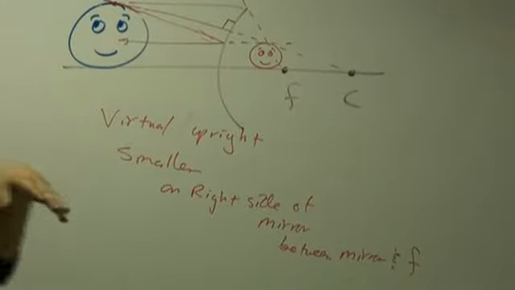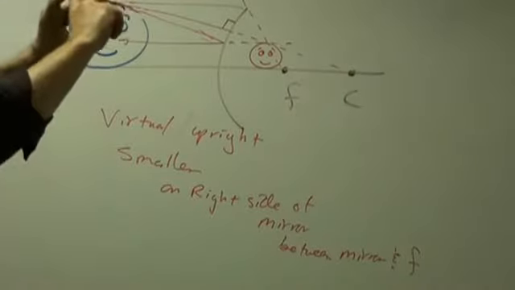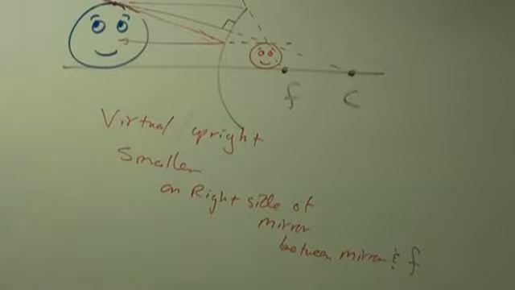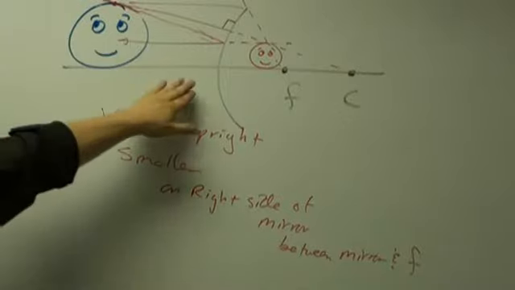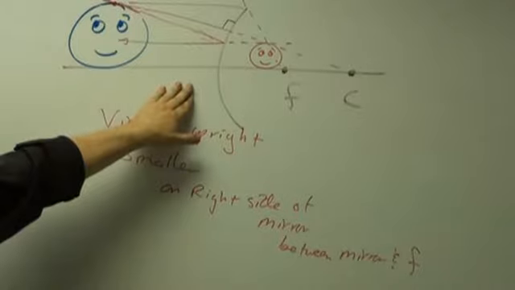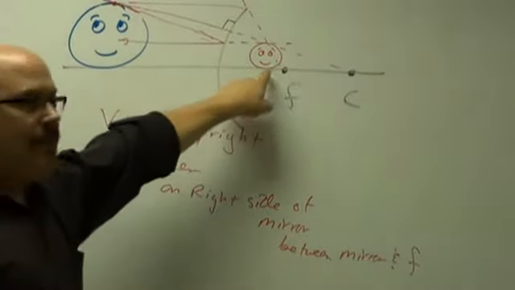If you're driving a car, the mirror that's on the front window, that's a plane mirror. The mirror that's on the right outside, the passenger outside mirror, the one that says objects in mirror are closer than they appear, that's this mirror. That is in fact true.